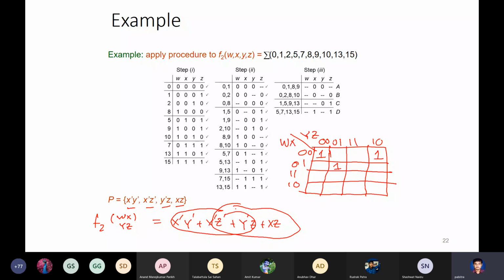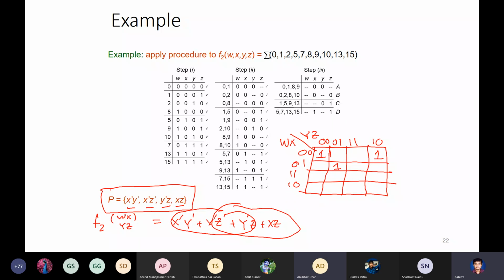So next, now that I have got my set of prime implicants after all this procedure, I will try to set some methodology so that I get the minimal set of prime implicants. Okay, so now let's go ahead.